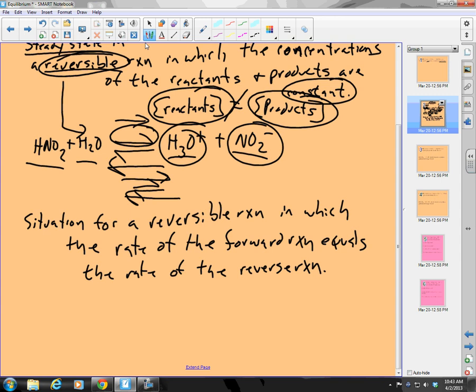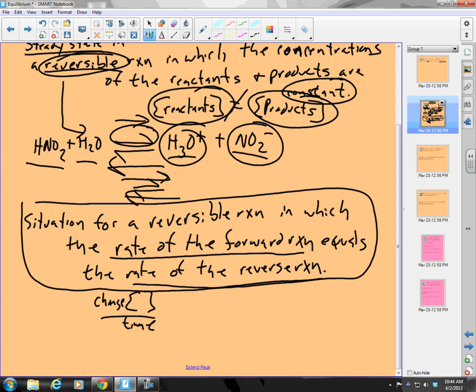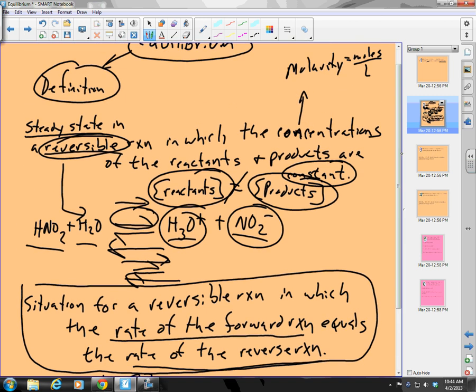Now, this definition will help us more when we learn kinetics, but for the time being, we can think of a rate of the reaction as the change in concentration per time. So when I say the rate of the forward reaction, that means how my reactants change per time, left to right, and then the reverse reaction would be how the concentration changes per time from the right side to the left. So these are the two definitions that I like for equilibrium.